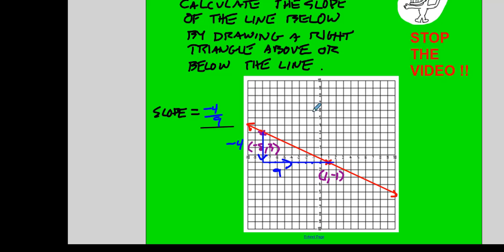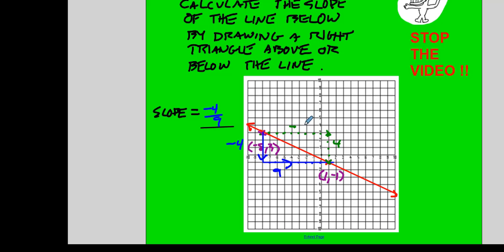You could have actually started at this point here and worked this way. You could have gone 1, 2, 3, 4 vertically. That puts you here, now you're horizontally lined up with this point, then you go 1, 2, 3, 4, 5, 6, 7, 8. Let's count that again. Did I make a mistake? 1, 2, 3, 4, 5, 6, 7, 8, 9.